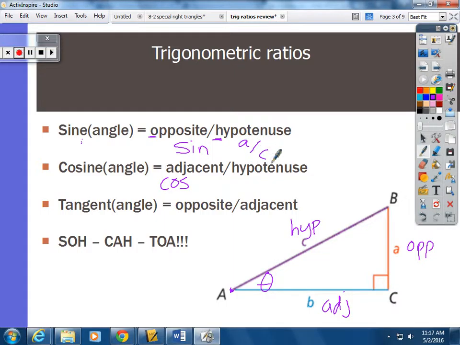A over C. And this one would be B over C, because hypotenuse is C. Tangent, abbreviated TAN, but we say tangent, is opposite over adjacent, so that would be A over B. And sometimes we use the abbreviation SOH CAH TOA, sine, opposite over hypotenuse, cosine, adjacent over hypotenuse, tangent, opposite over adjacent, to help us with these problems.